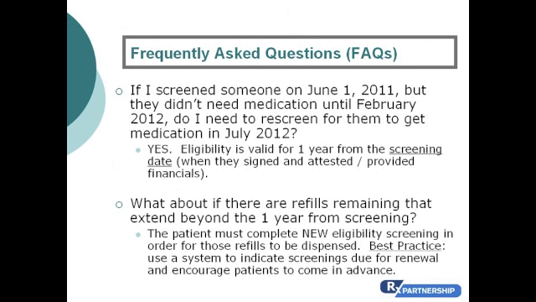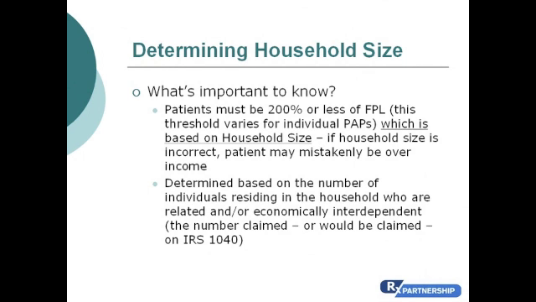Just to transition to another primary area when it comes to screening: household size. So we're looking at defining that, and I know it can be challenging. Different companies may define it a bit differently. Different clinics may define it a bit differently. For Rx Partnership, it's most clear to go with the number of individuals who are claimed or would be claimed on the tax return.